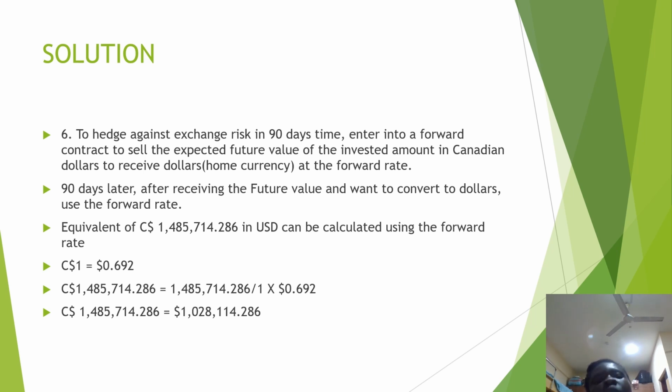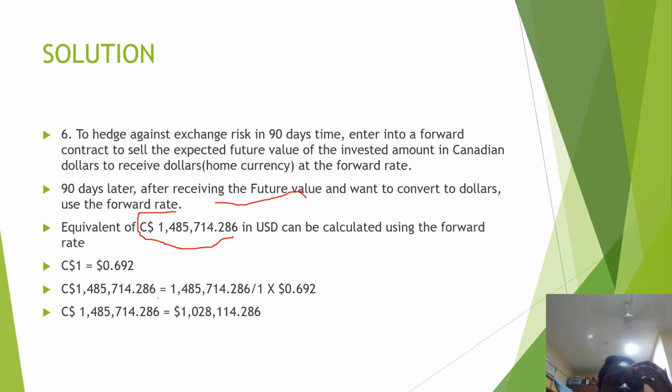All right, so we do that at the forward rate. Then 90 days later, after receiving the future value, you want to convert to what dollars? To get the equivalent of these Canadian dollars in USD, we use the forward rate. We use the forward rate to calculate the amount that we'll be getting after the 90 days.